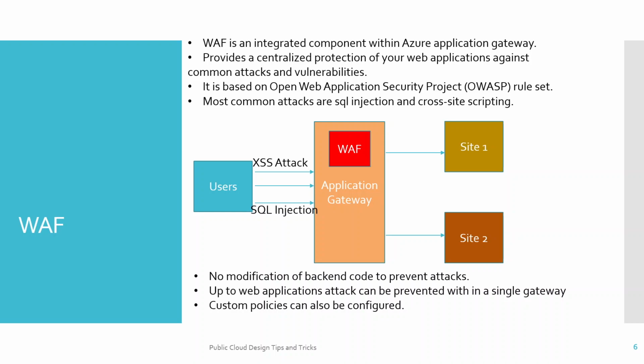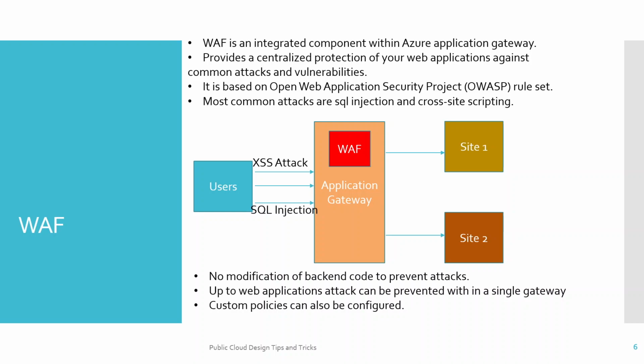Now, if you see the diagram, Application Gateway is connecting to different sites or different applications, and WAF always comes within Application Gateway, and there is a user accessing the web applications. The web application may be exposed to a cross-site scripting attack or a SQL injection attack.